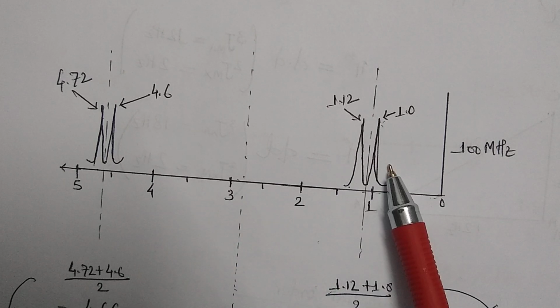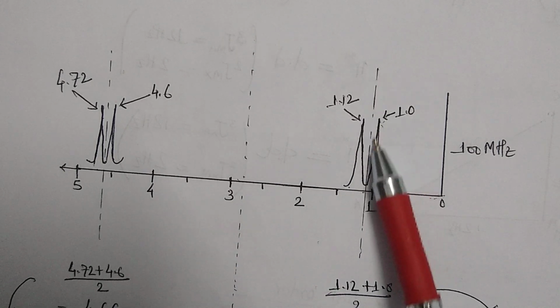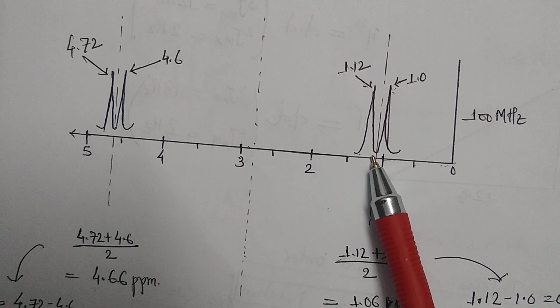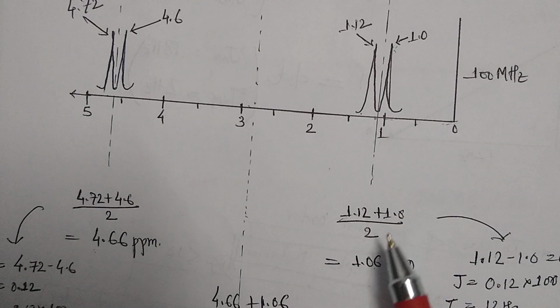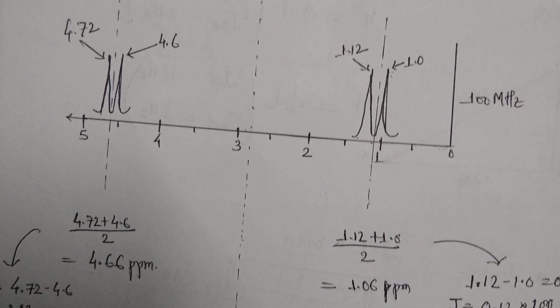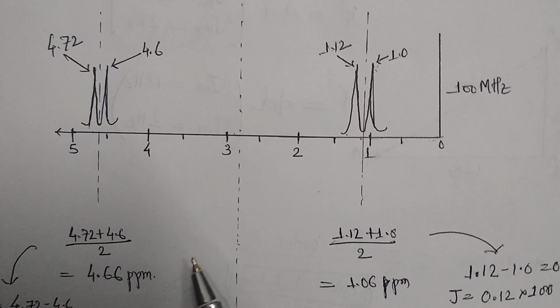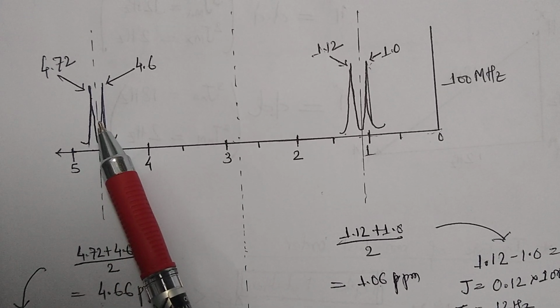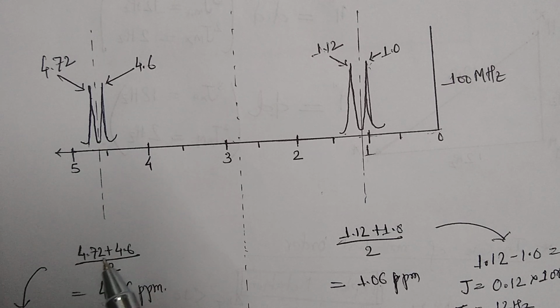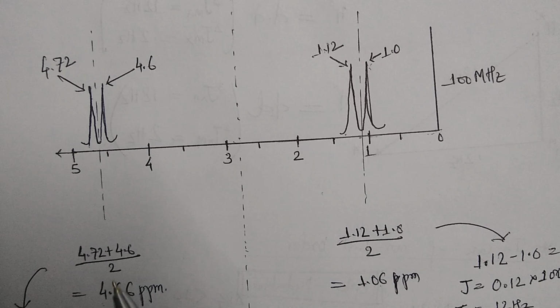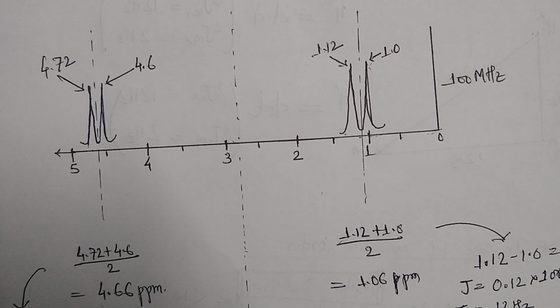With that we will get from here the chemical shift value, that is around 1.06 ppm, and for this one over here we will get the chemical shift value of 4.72 plus 4.6 by 2, that is 4.66 ppm.